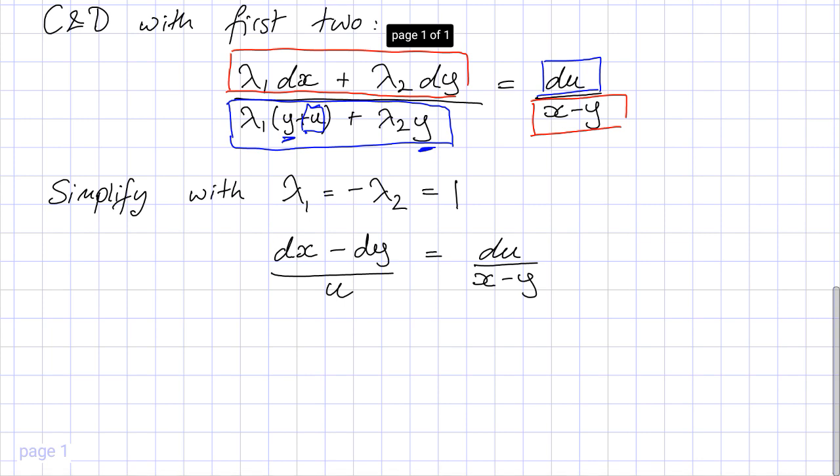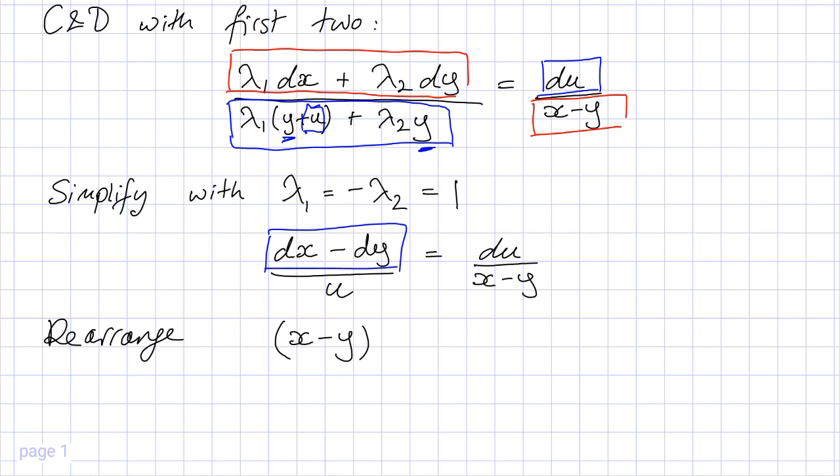Then I'm in a position to rearrange. So let's just bring the x minus y onto the left hand side. The derivative here, so I've got dx minus dy, so this is just d of x minus y.